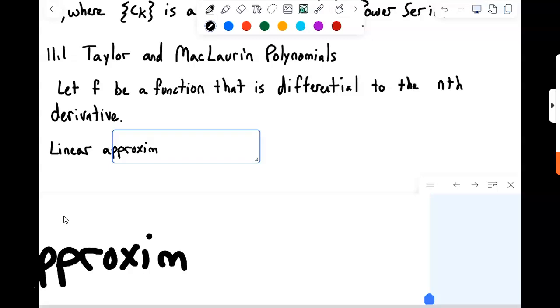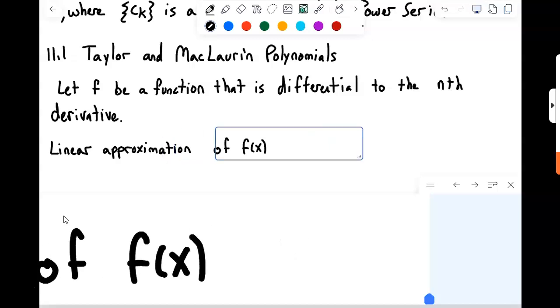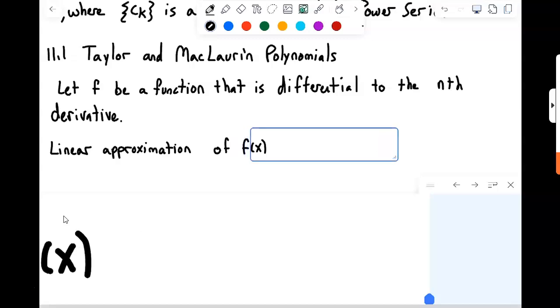So we first want to talk about this idea of the linear approximation of f of x. And when we approximate, we have to have an x value that we use as our starting point.